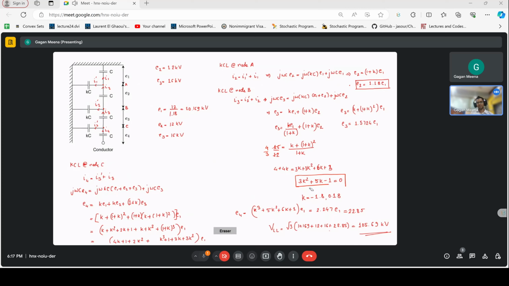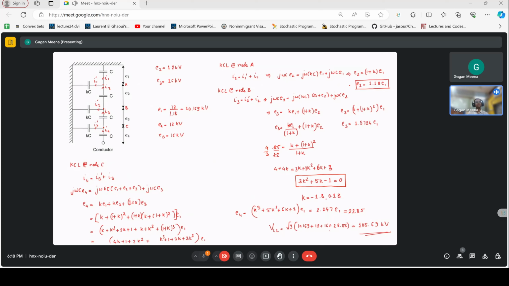Now, just as we had written KCL for the two nodes A and B, we can write the KCL for node C as well. This is j omega C E4 equals j omega C E3 plus j omega KC into (E1 plus E2 plus E3), which is written here. So E4 is equal to K E1 plus K E2 plus (1 plus K) E3, and E2 we know is (1 plus K) E1, and E3 is (K square plus 3K plus 1) E1.